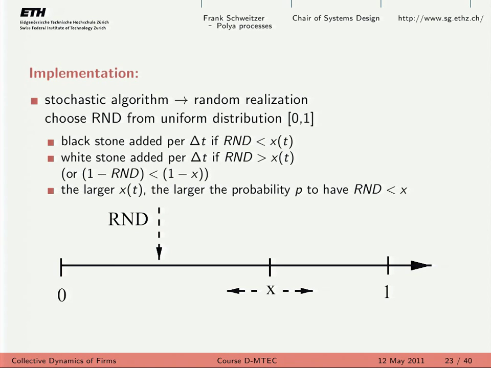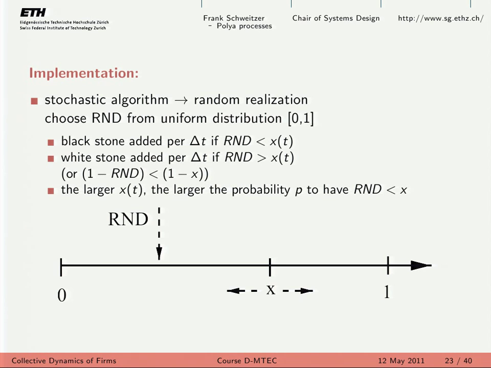So to choose a random number that is above 0.5 has the same probability as to choose a random number that's below 0.5, right? But then, as we described before, you add a black or white stone, and then the x is moving along this axis, because you have either added a black or white stone, and that means you decrease or increase the area from which you can choose a random number, right? So let's assume the x is evolving in this direction.